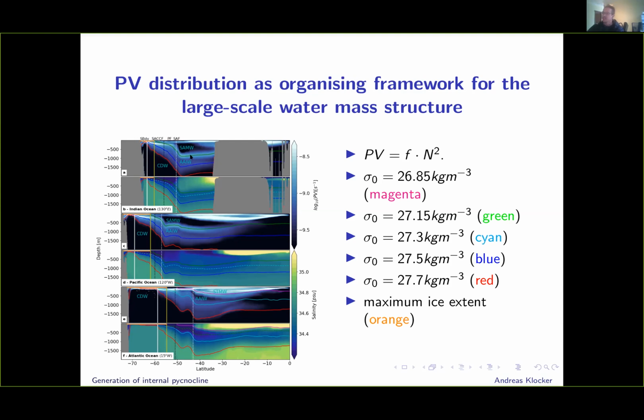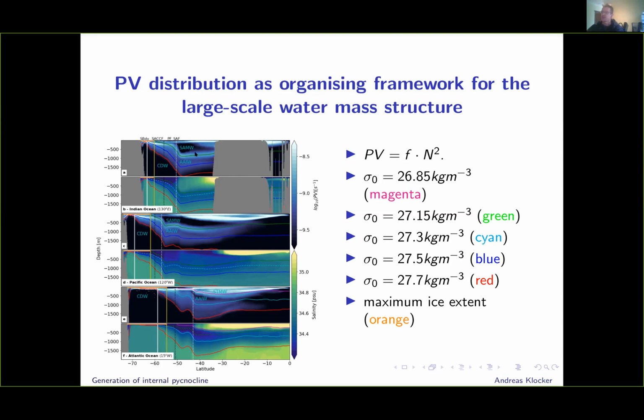The colorful lines are different isopycnals. I chose to mark particular features in a watercolor, which I'll explain in a minute. The orange line at the surface is the maximum sea ice extent, here at a time of 5 years. And the vertical lines show you the main fronts in the Antarctic Circumpolar Current, giving you an idea where we are. So have a look at the top panel now, which is the section in the Indian Ocean.